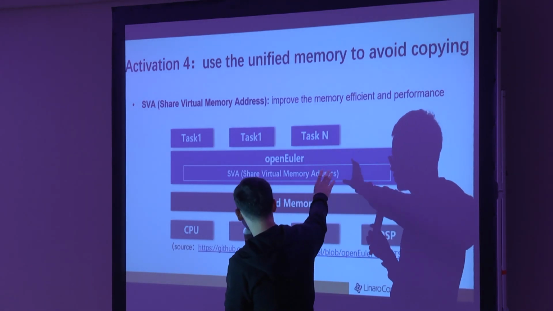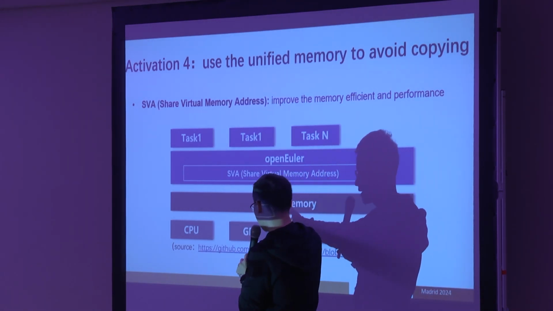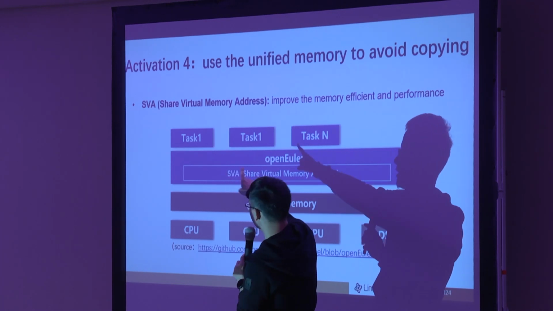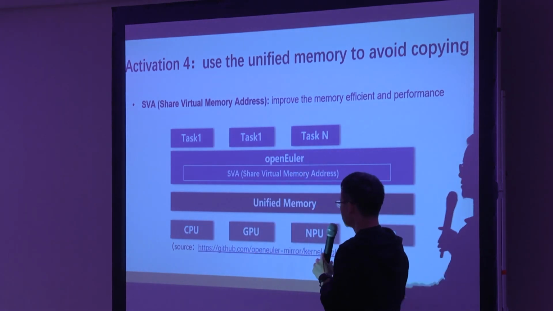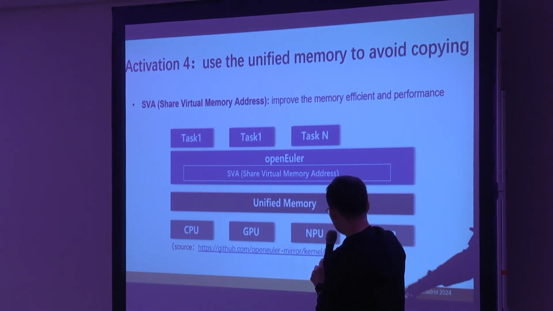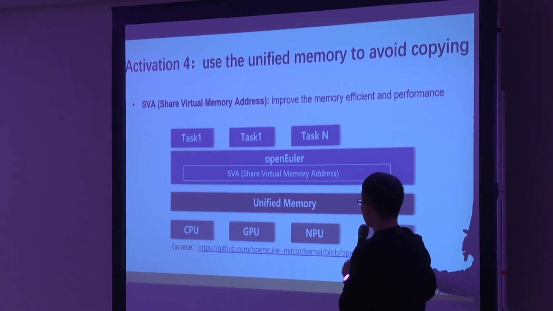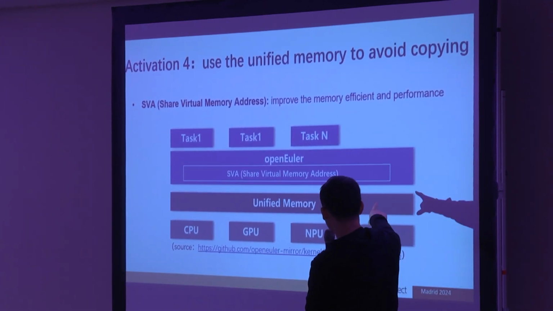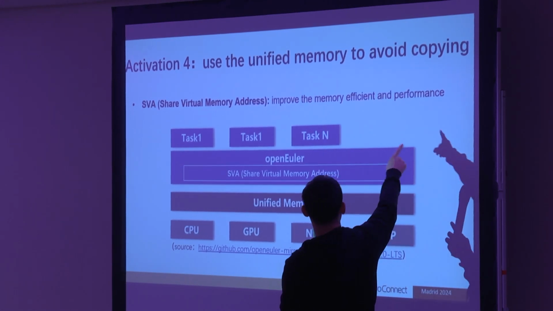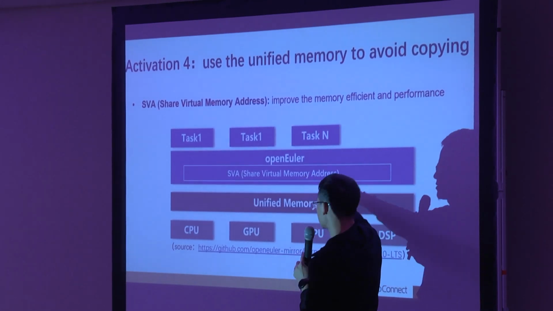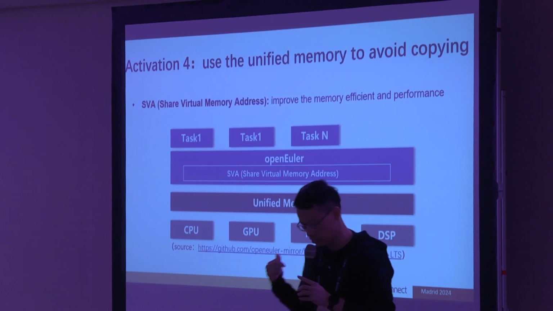Second, you need software to support this architecture. So SVM, Shared Virtual Memory, this feature is released in the latest version of OpenCL 3.0. It has been released as open source. And you can see that it has improved the memory efficiency and performance. If you want to see the details, you can check the link.